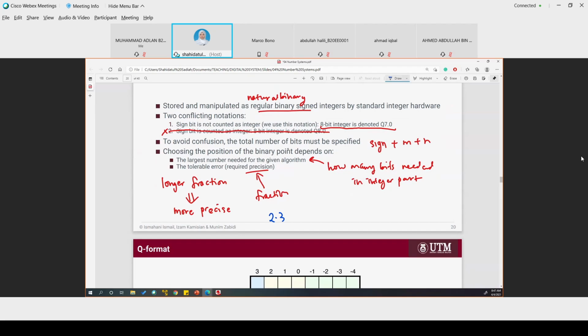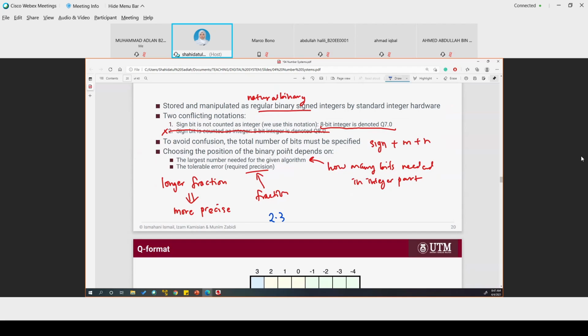So now let's look at the Q format in binary. The MSB is the sign bit. Then we have the integer part, and we have the fraction part.